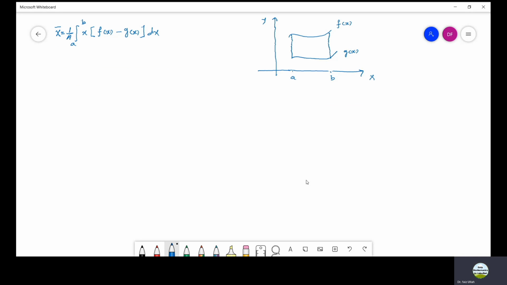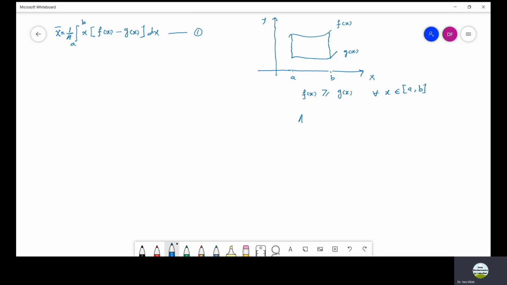The first formula is to obtain the x coordinate, x bar. So let us consider this figure in which we have two functions f of x and g of x, and we can see that f of x is greater than or equal to g of x for all values of x belonging to [a, b].